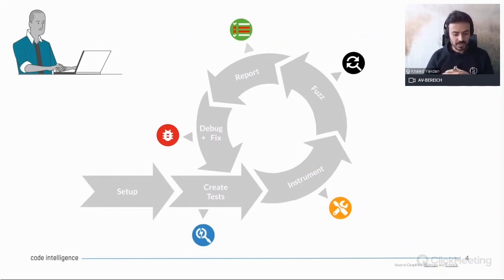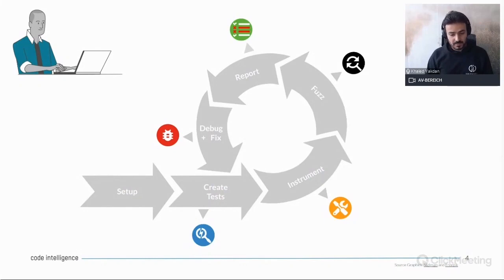You start with an initial setup, you create the fuzz tests, and with each change to the code, fuzzing is triggered in continuous integration where you instrument the code, you fuzz the code, and you see the reports of the bugs that the fuzzer found. Based on that, you fix them, and then you redo this loop again, you fuzz again, in order to check that your fixes actually corrected the mistakes. We'll have a look at each of these steps in more detail.